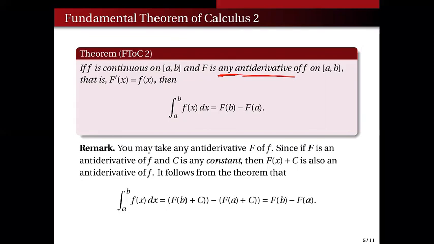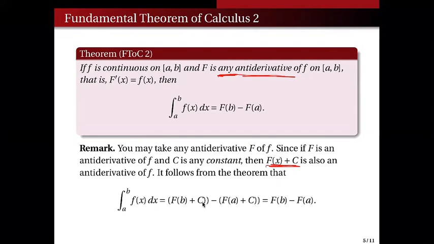Why? For example, suppose you have an antiderivative capital F, and then you put the arbitrary constant c. Then capital F of x plus c is also an antiderivative of f. So if we apply the theorem, this is your antiderivative now. If you evaluate this at b, you will have capital F of b plus c.